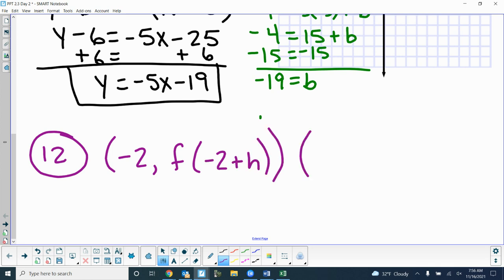So there's one point. You gotta know what f is. And then negative 2 plus h. And then it's f of negative 2 plus h.